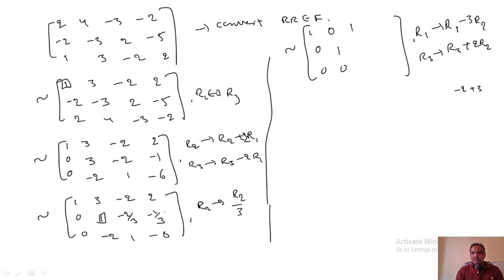Next 3 cancels, minus 1 plus 1 is 2 plus 1 is 3. This is minus 2 by 3, minus 1 by 3. Next this one R3 plus 2R2: R3 is 1 minus 4 by 3, 12 minus 4, 8 by 3.